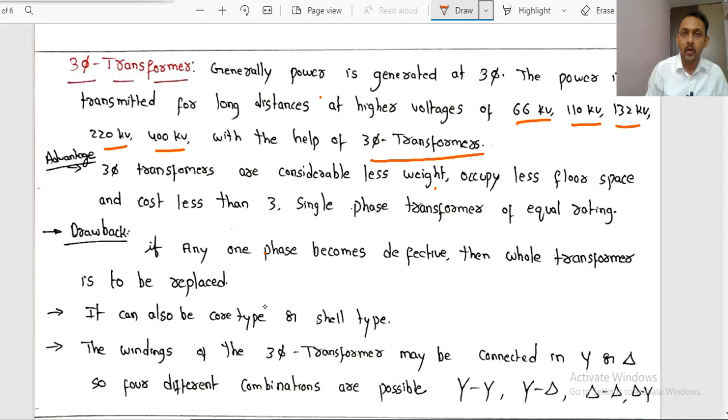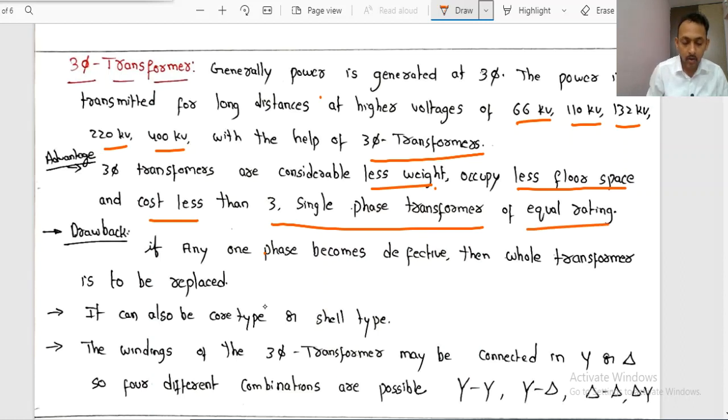Now, coming to the advantages, for example, these three-phase transformers will be of considerably less weight, and they will also occupy less floor space, and the cost will be less compared with three individual single-phase transformers of equal rating.